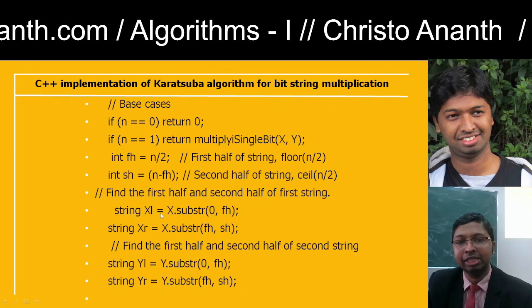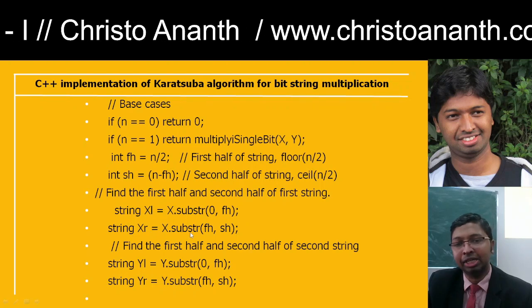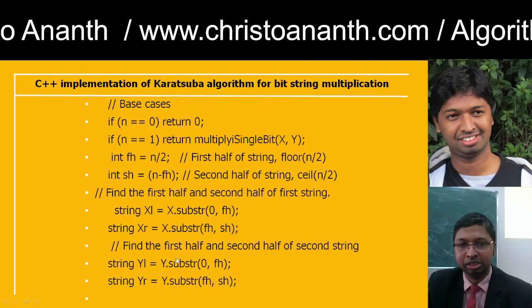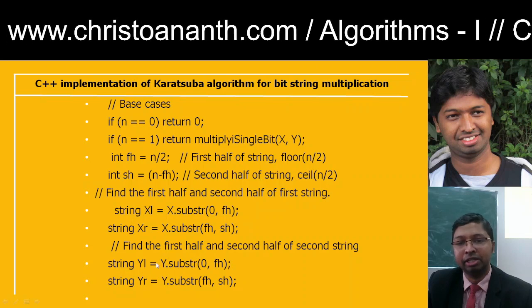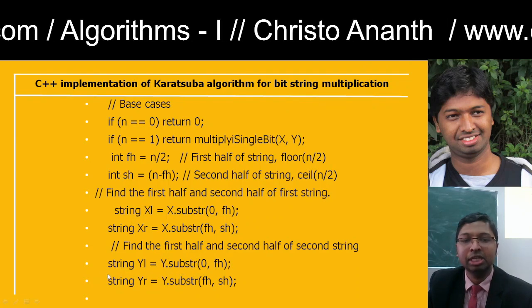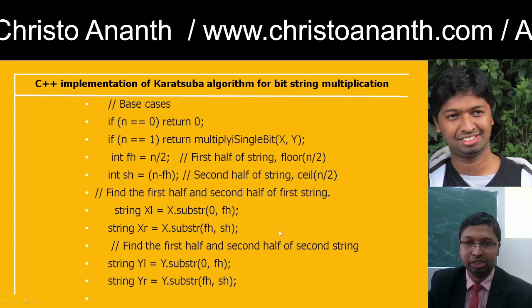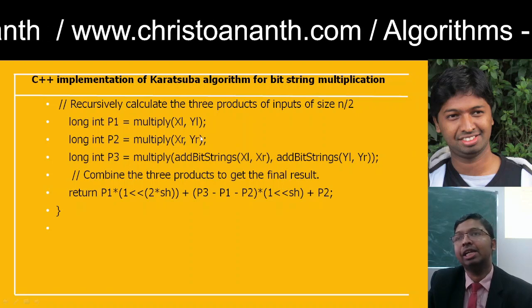So here string xl is equal to x.substr(0, fh), string xr is equal to x.substr(fh, sh). Then you will go with the first half and second half. So string yl is equal to y.substr(0, fh). Similarly, string yr is equal to y.substr(fh, sh). Then you calculate the three products.